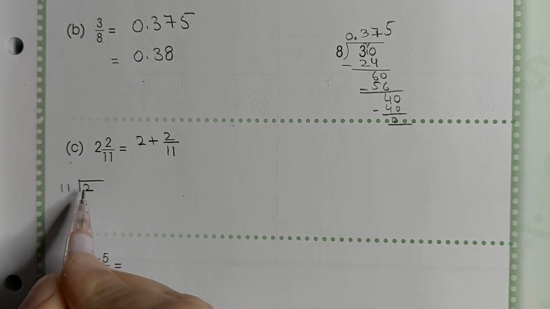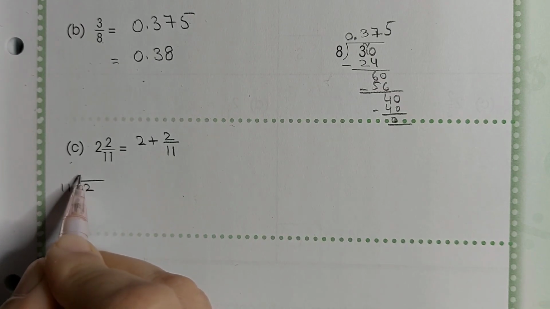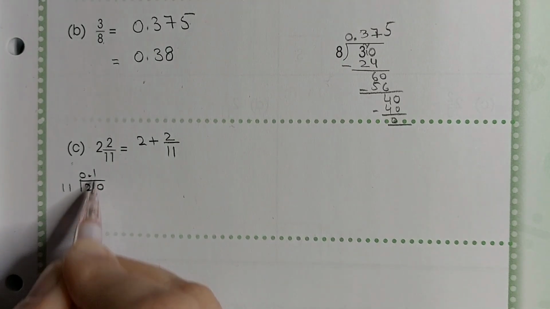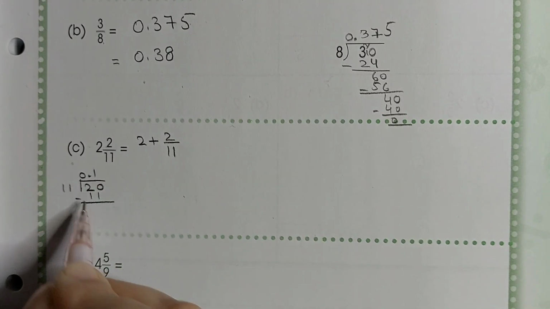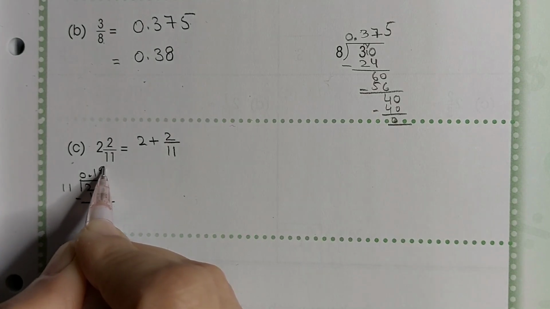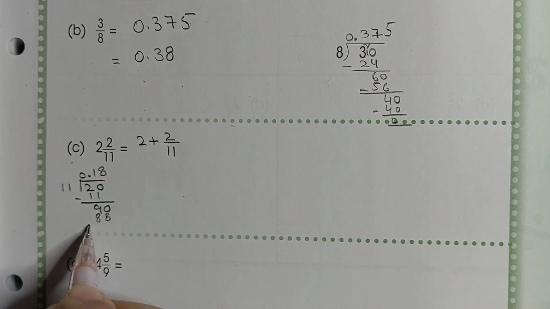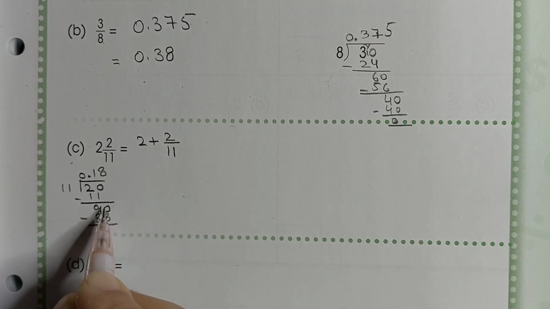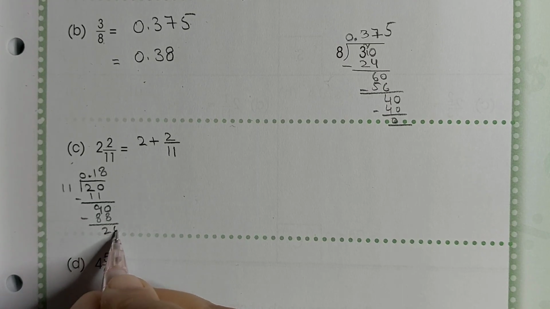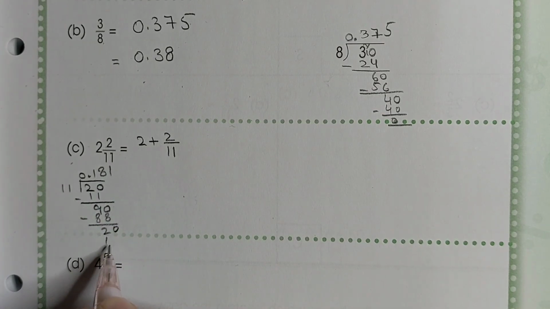So 2 is smaller, we will put 0 here, point, then add 0 here. 11 ones are 11. Okay, fine, minus, 9. Then again add 0. 11 8s are 88. Fine. Again we will get 2 after subtracting. Now we will add 0. It will become 11 ones are 11.